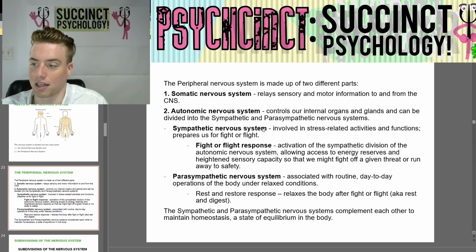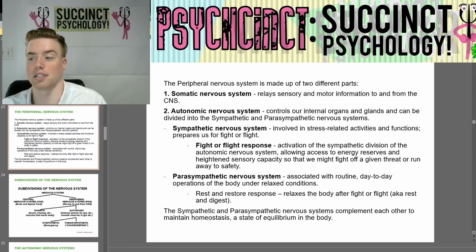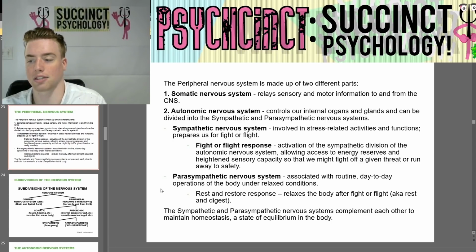The sympathetic nervous system triggers your fight or flight response in case you're in a dangerous situation and you either need to defend yourself or get out of there. The parasympathetic nervous system is associated with routine, day-to-day operations of the body under relaxed conditions, and also has the rest and restore response, which relaxes the body after fight or flight, aka rest and digest.